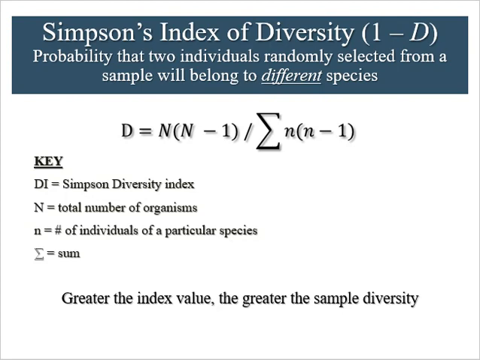This diversity index, the Simpson's index of diversity, 1 minus D, is the probability that they will belong to different species. So the value of this index also ranges from 0 to 1, but now the greater the value, the greater the sample diversity, which makes a lot more sense. So you often see this used more frequently than just the Simpson's index, so just D.